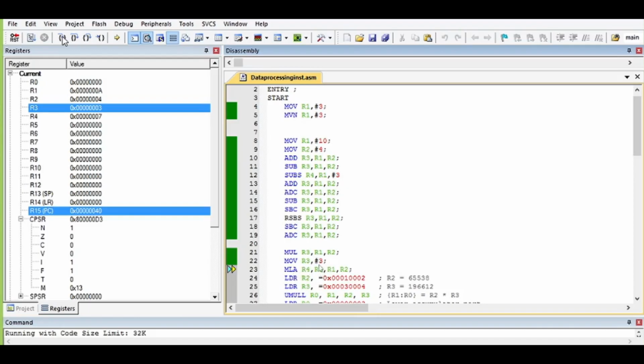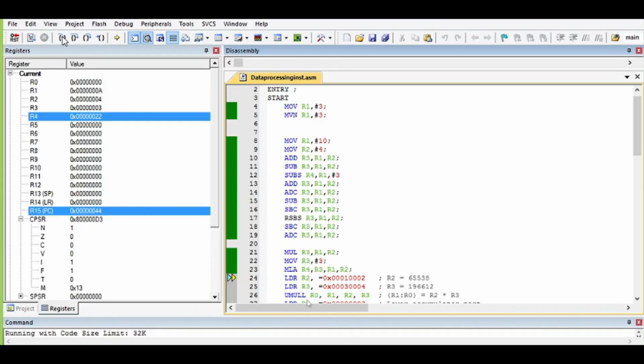In our case, R3 is 3, R1 is 10, 3 into 10 is 30 plus 4. 34 is the decimal value. Let's see what answer is stored in hexadecimal. The answer should be 22. So that's the answer we see in R4.